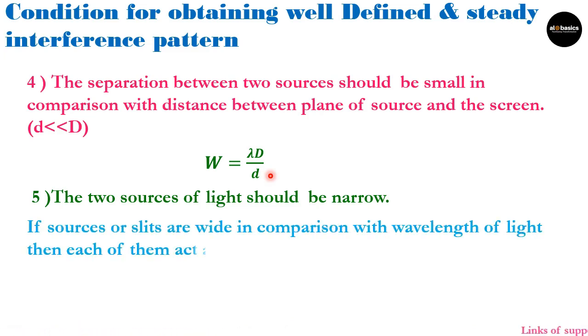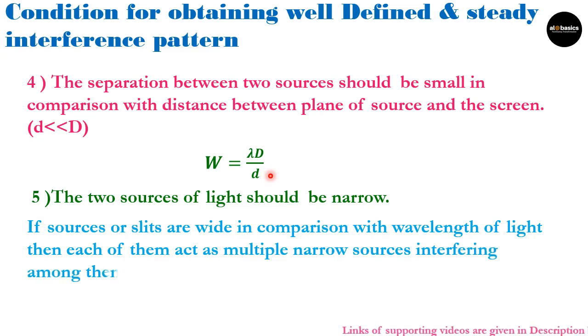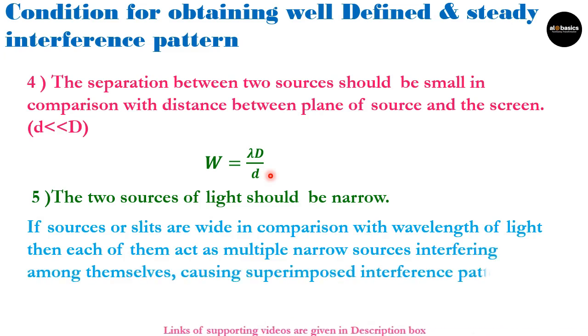The sources or slits, whatever we call them, if they are wide in comparison with the wavelength of light. See, what is the definition of wideness? So here we say that in comparison with the wavelength of light, in that case, what happens?